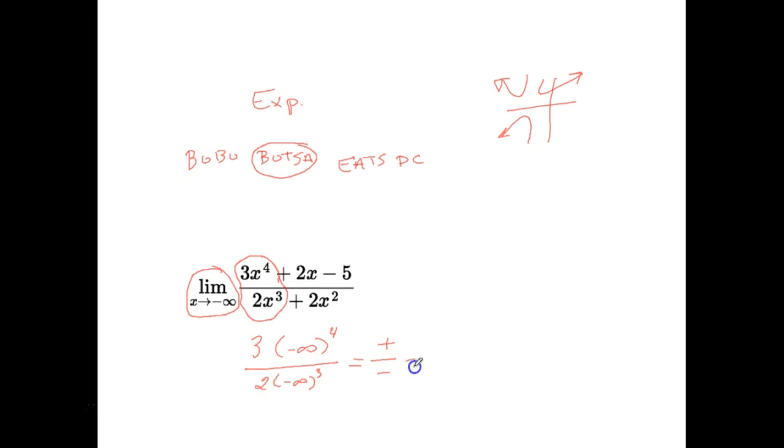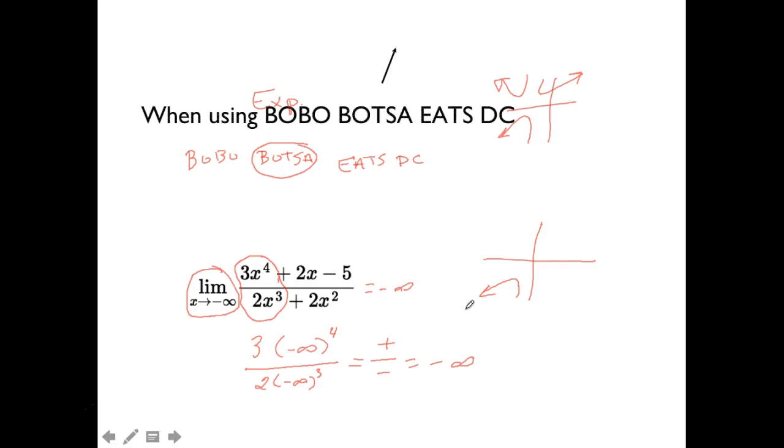So positive divided by a negative is negative. As we go to the left-hand side, here's a little idea of the graph. As we go to the left, the graph is going to be going down. So our answer here is negative infinity. Okay, let's go to some more of them.